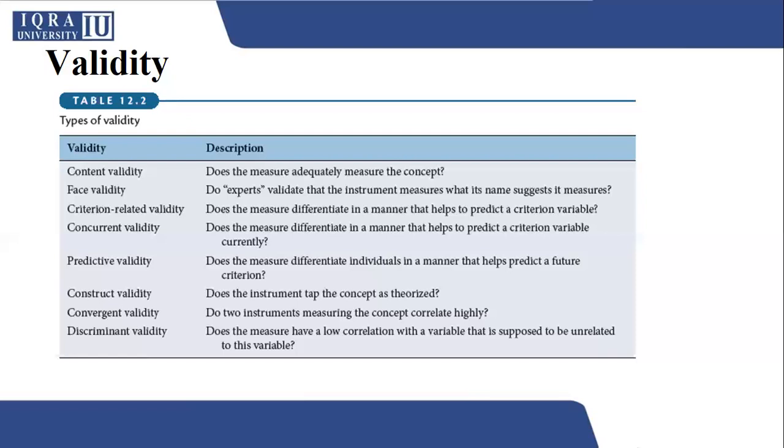It is established when the scores obtained by two different instruments measuring the same concept are highly correlated. Whereas discriminant validity is established when, based on theory, two variables are predicted to be uncorrelated, and the scores thus obtained by measuring them are indeed empirically found to be so.